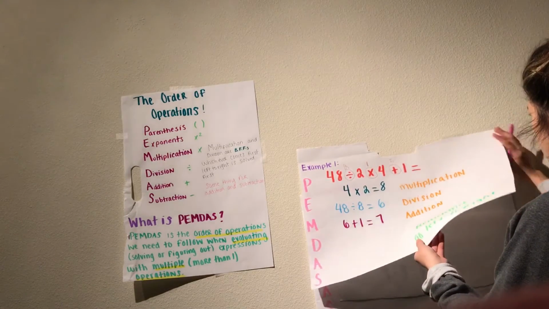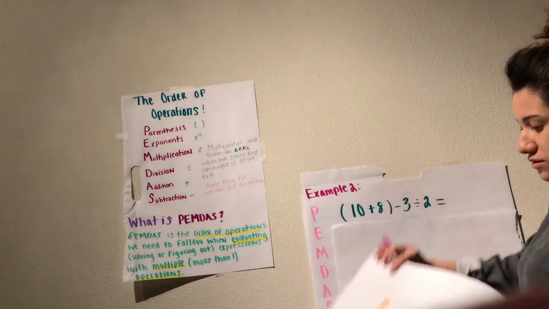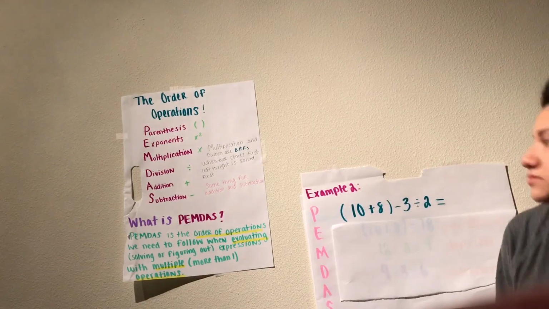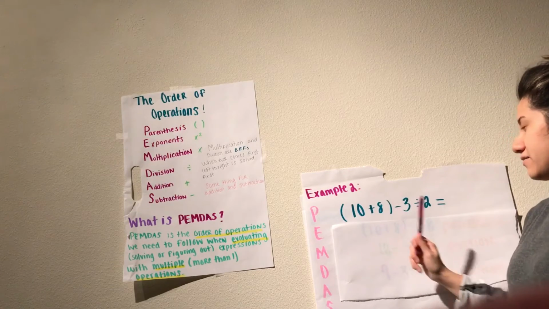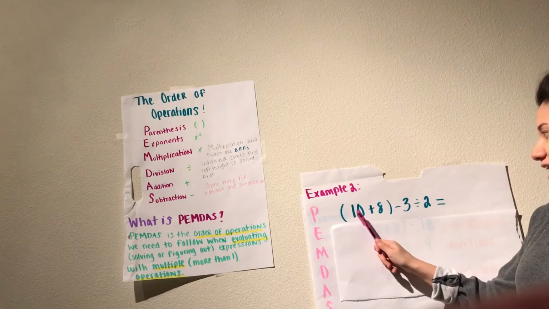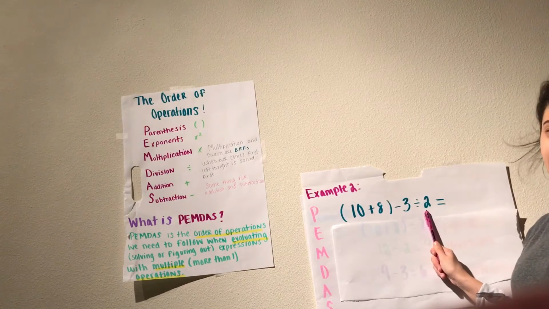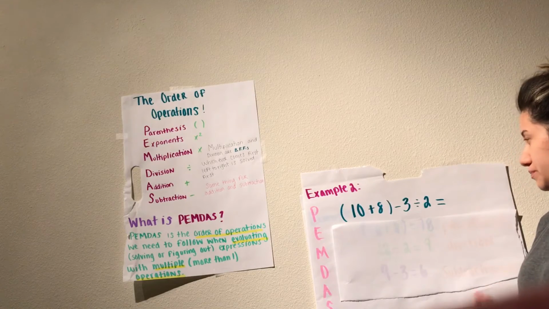On to our second example. We have, in parentheses, 10 plus 8, minus 3 divided by 2.